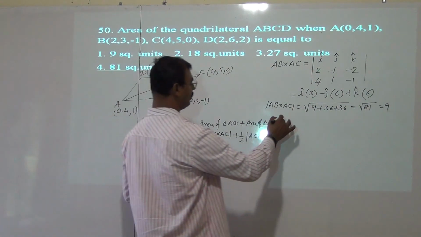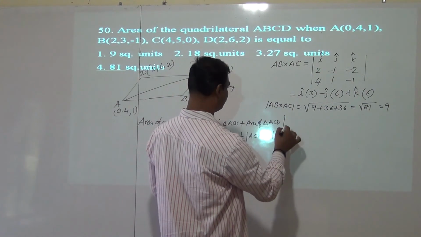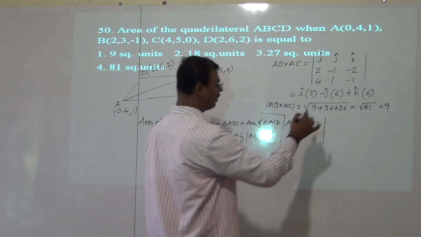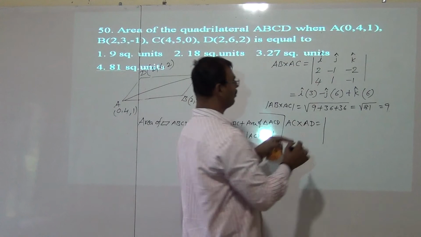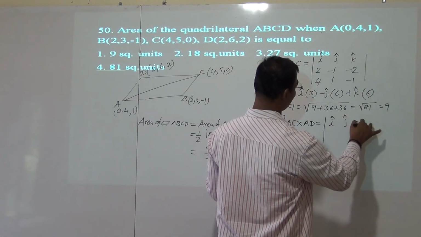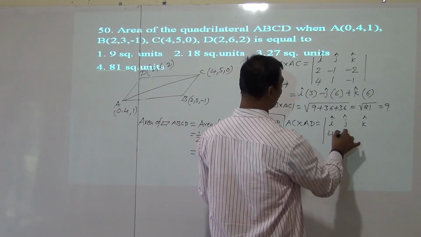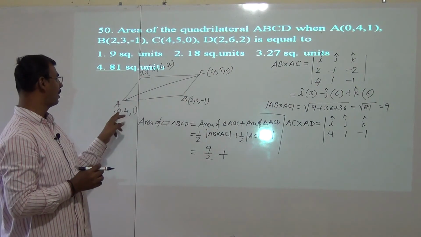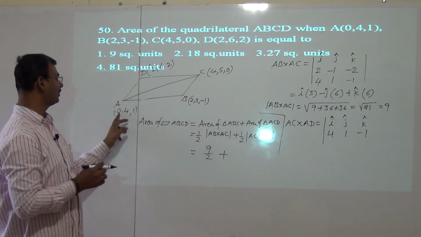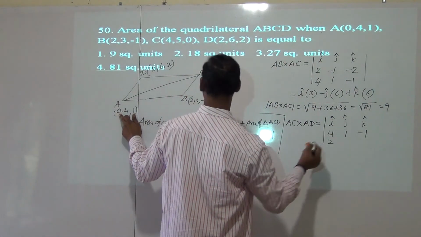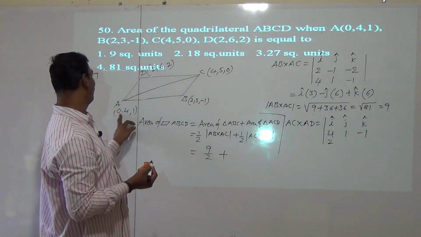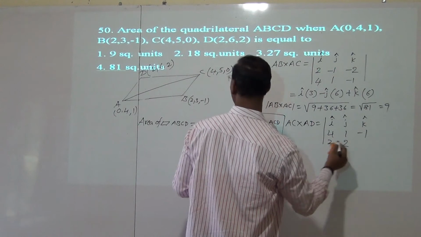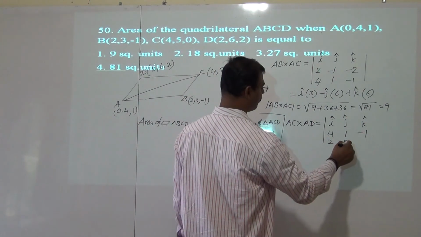Next, what is required? AC cross AD. Determinant of AC, we already got it: 4, 1, minus 1. Time and risk are reduced in this case. Next, AD, these 2 points A and D: 2 minus 0 is 2; 6 minus 4 is 2; 2 minus 1 is 1.